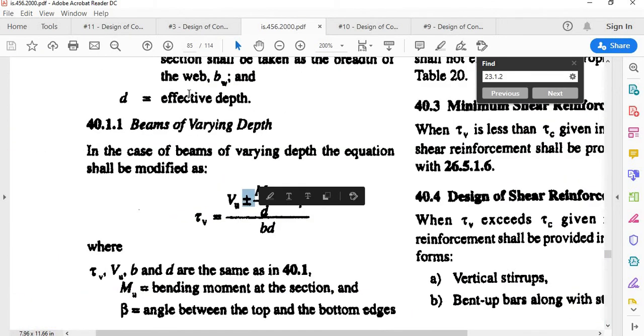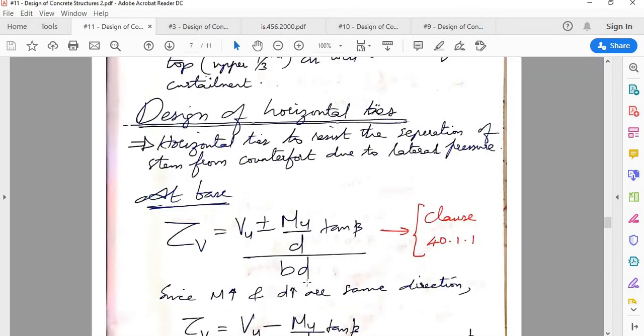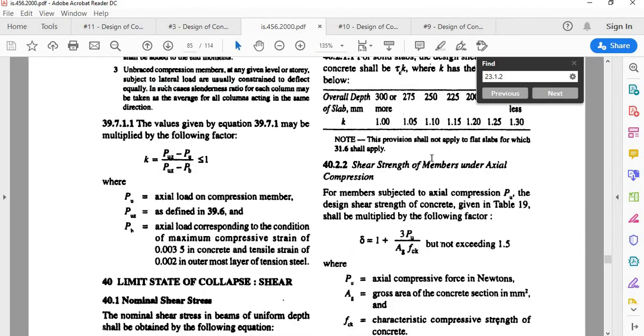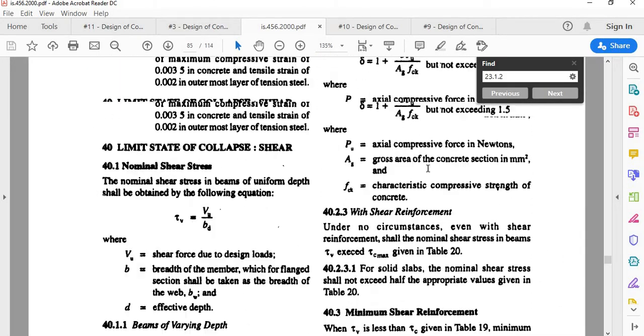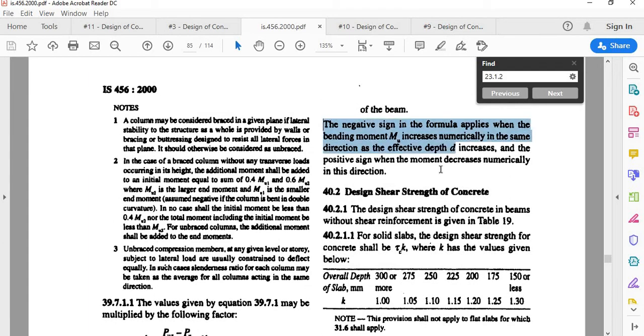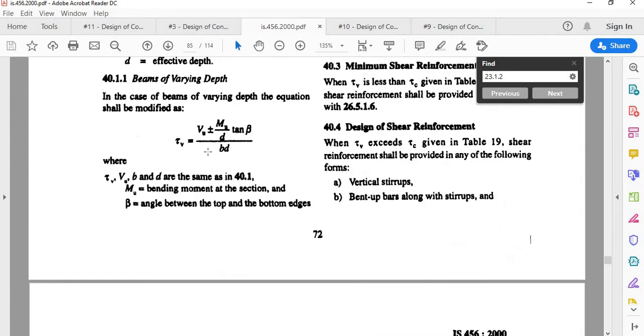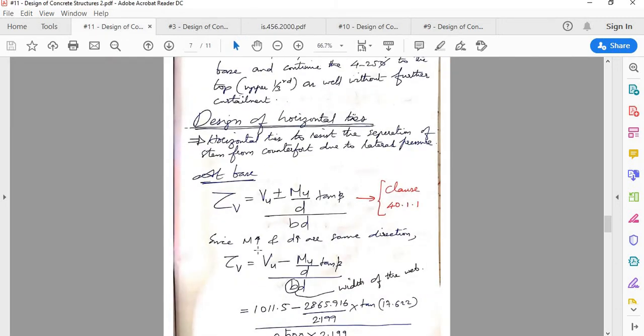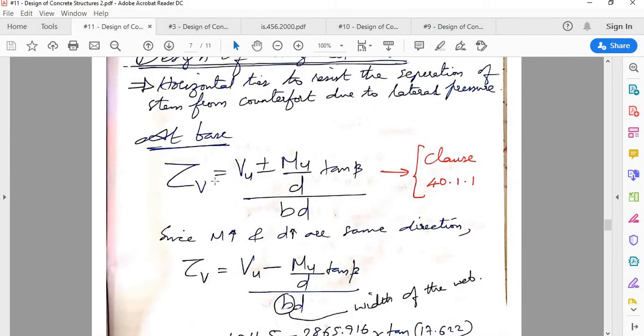It is minus if bending moment is increasing along the same direction as the increasing depth of the beam. That point you can read here. Even if you have not seen this formula, you can go to clause number 40.1.1 and read more about it. So using that formula, you can calculate shear stress.